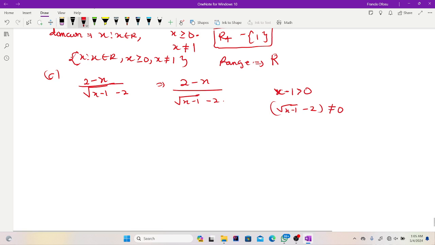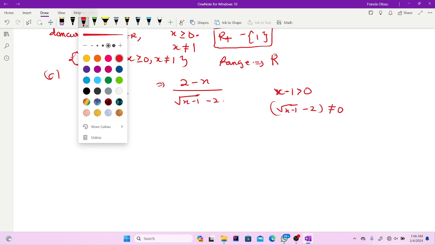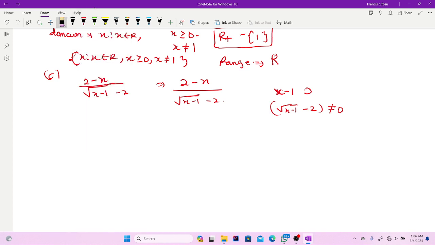Okay, wait. Let me do it well. Yes, I'm making some slight errors here. Pardon me. So the case is actually x minus 1 should indeed be greater than or equal to 0, because once x minus 1 turns 0, the square root gives a 0 output, and you have negative 2, and our answer will be valid. Okay, so x minus 1 can be greater than or equal to 0.